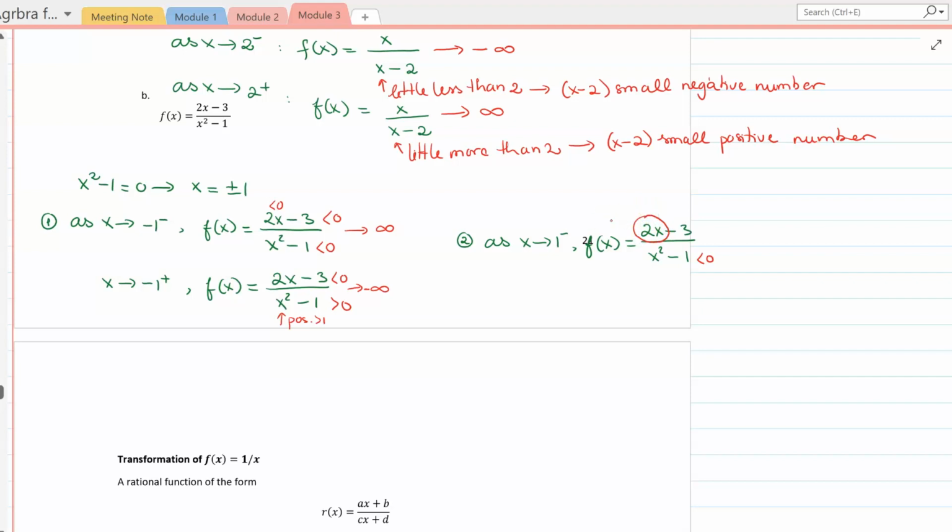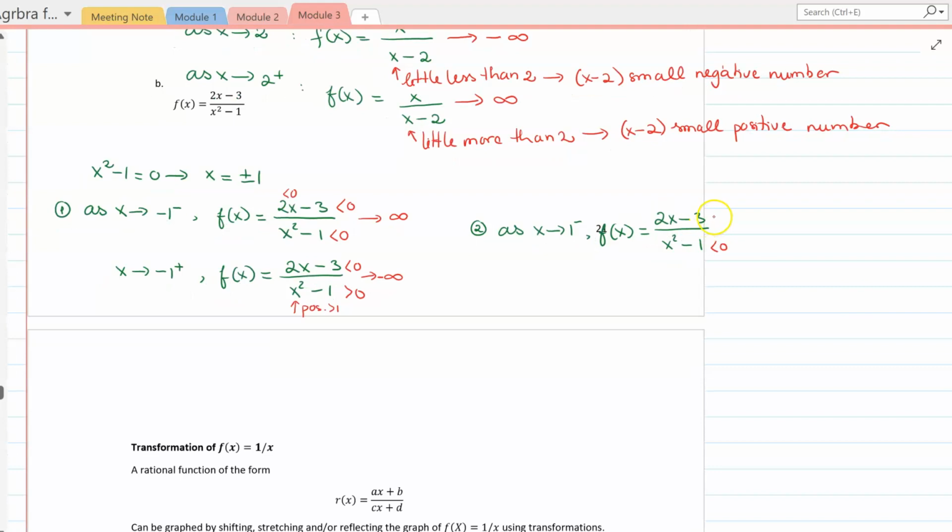Okay. This number right here is still less than 3. So then this here is still negative. So this is still going to positive infinity. As x goes to 1 from the right, f of x equal to 2x minus 3 divided by x squared minus 1. The denominator here is larger than 0, but the numerator is still less than 0, so then it approaches negative infinity.